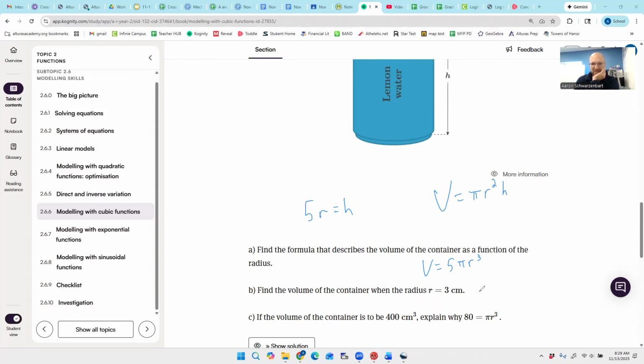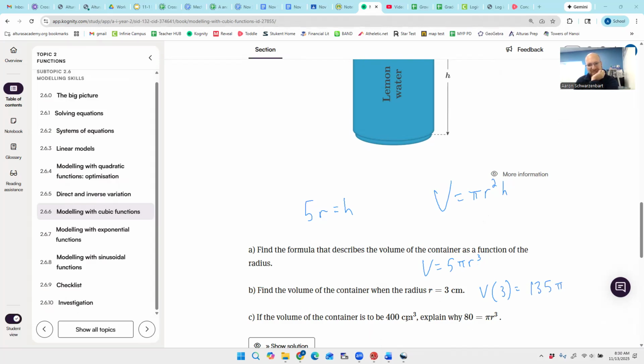Find the volume when the radius is 3. V of 3 is 5 times 27, 135 pi. So I plug it in.